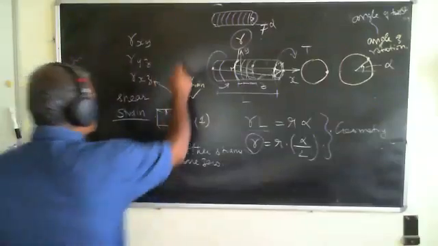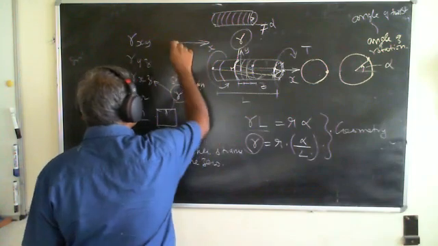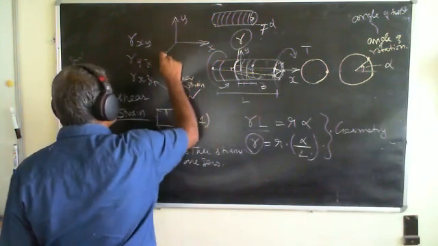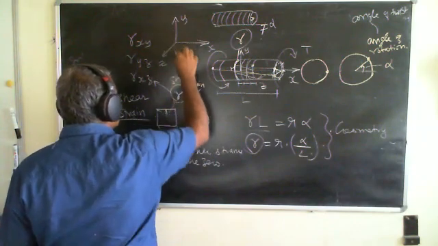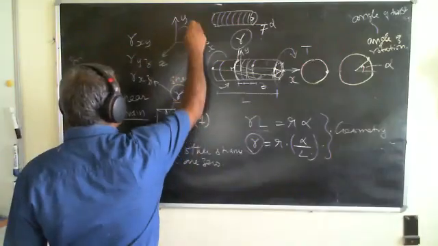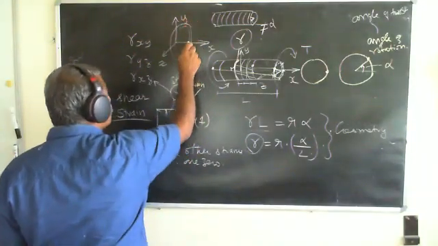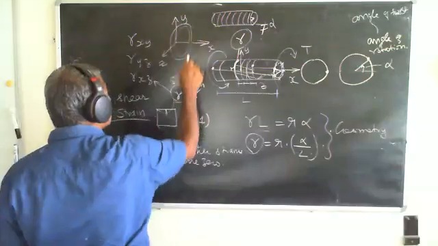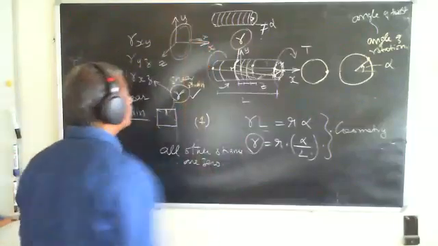Let us say this is the x-axis, this is the y-axis, this is the z-axis. I'm now having a ring like this, whose face is directed along the x-axis, right?